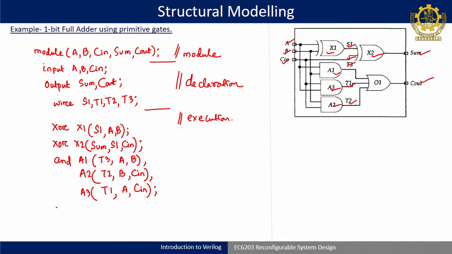As it is a single one, you can write OR, then the label is O1, bracket start, output is C out, then inputs are T1 comma T2 comma T3 bracket and semicolon end. Then you can write the end module, a single word without comma, without semicolon, ending with semicolon.